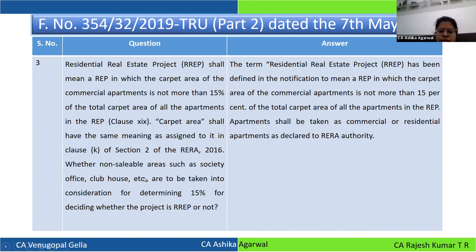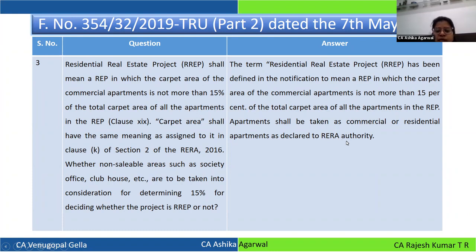So now the question before it is whether a non-saleable area such as society office, clubhouse, etc. is to be taken into consideration for determining the 15% for deciding whether a project is an RREP or not. For that also they rely on RERA. So an apartment shall be taken as commercial or residential as declared to the RERA authority.